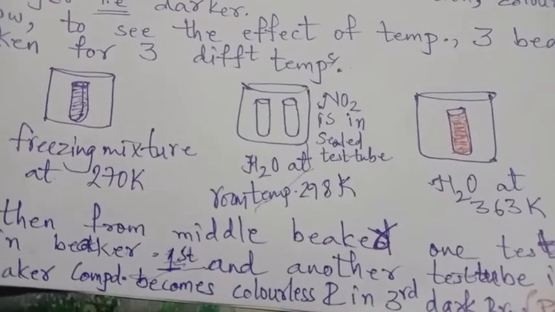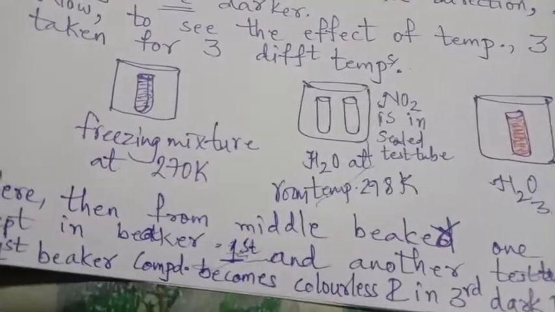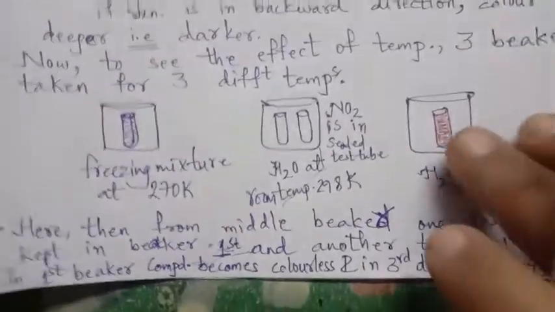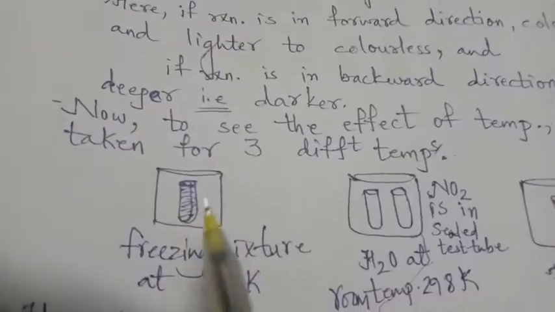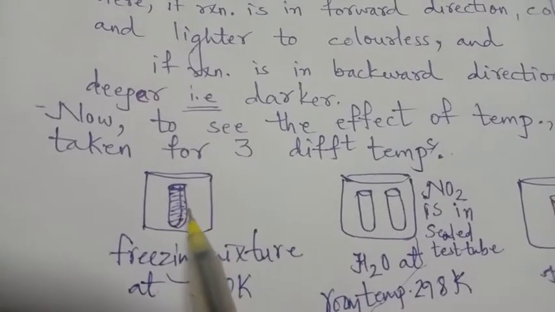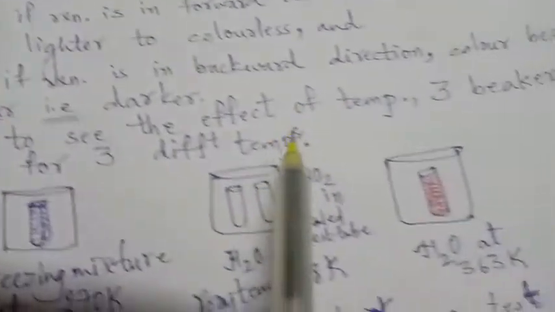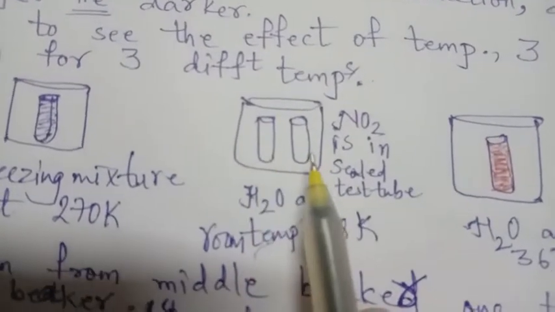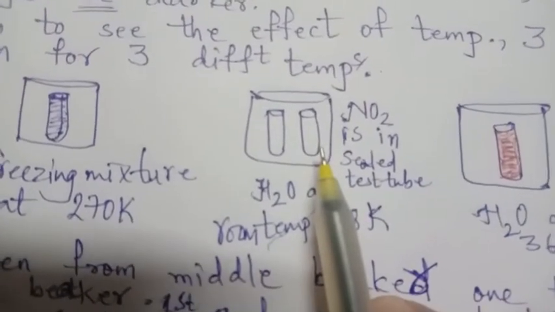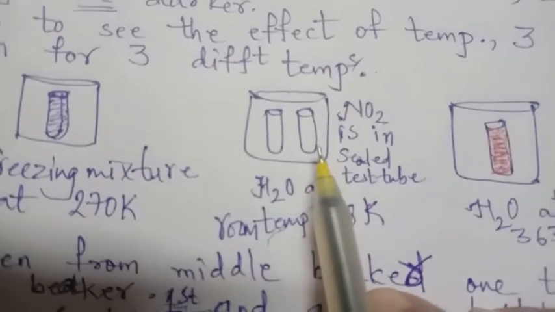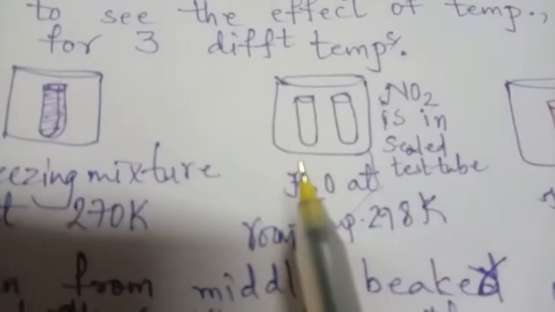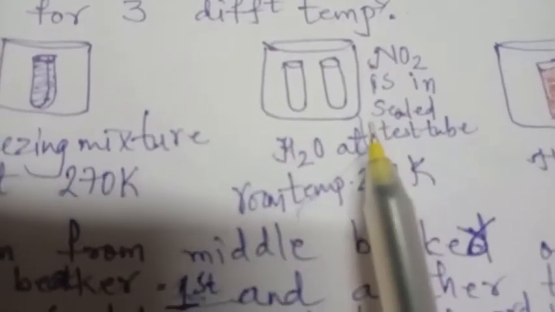See, K stands for Kelvin. Here now in this I have drawn this. It doesn't mean that this test tube is from the first. No. First of all, in both these test tubes NO2 is filled up and the tubes are sealed and then kept in this beaker at room temperature.